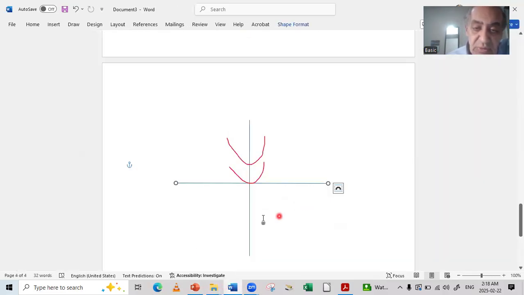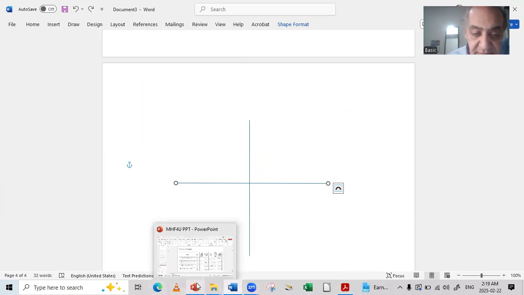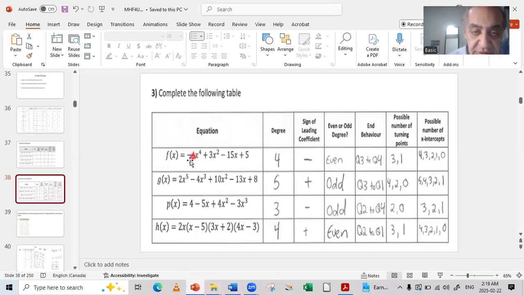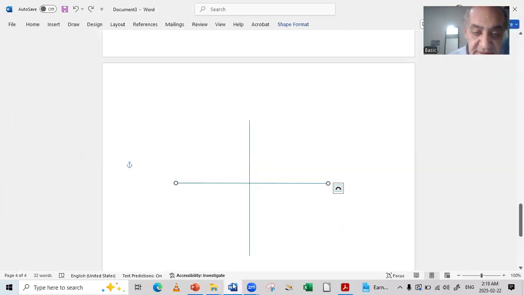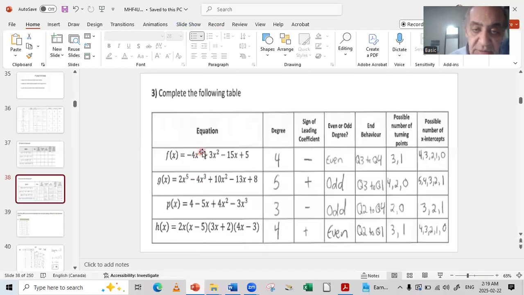Again, guys, we said what will control the graph is the leading coefficient. Look at this. The leading coefficient is minus. For that reason, when we graph it, it will be in this area. It starts from the minus, so it will be in the minus area. Also its degree is 4, so it's even.